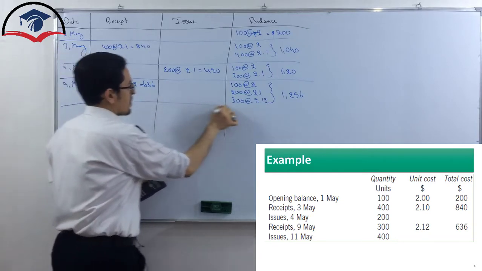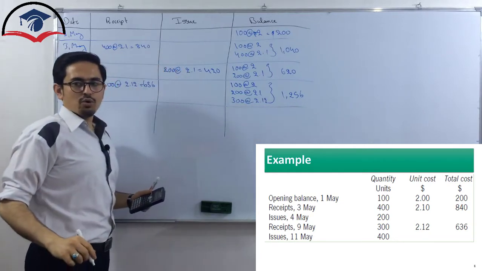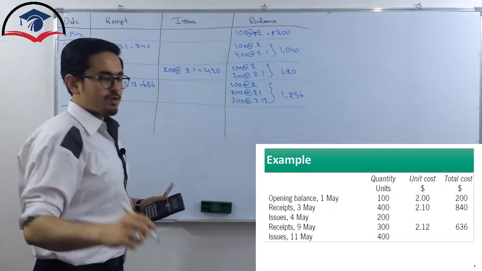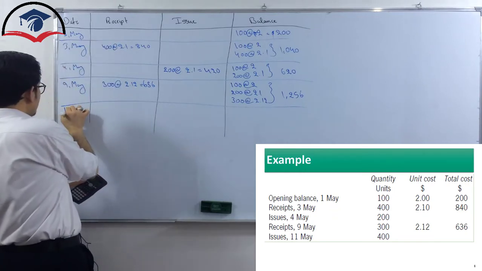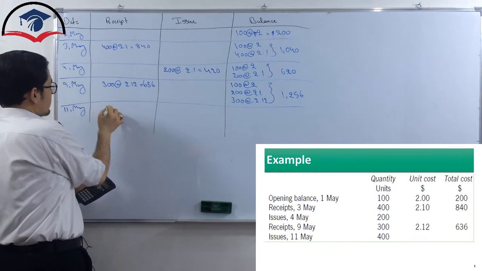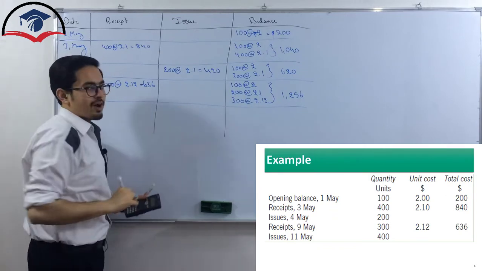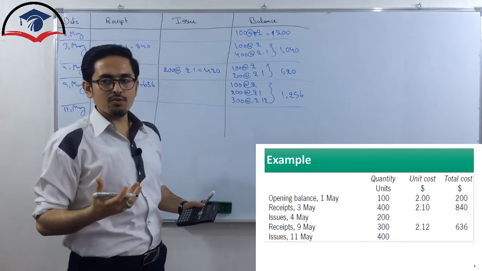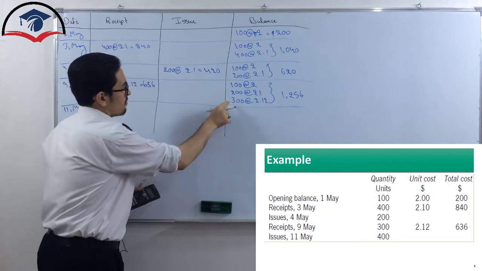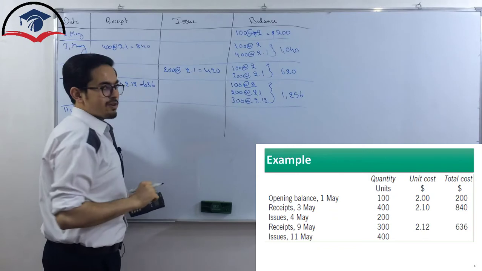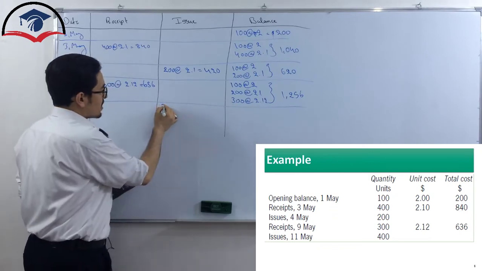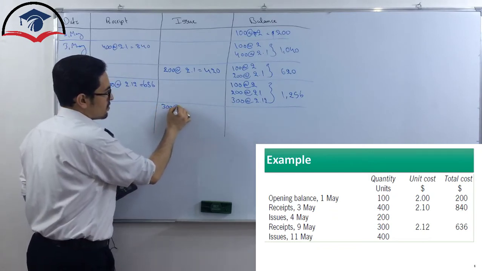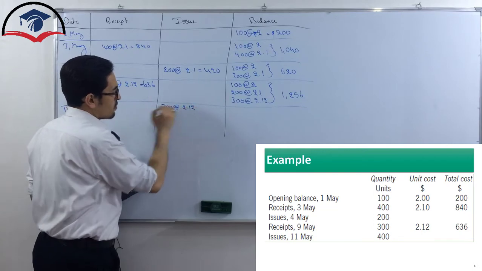Let's go ahead. We have another issue on 11th May of 400 units. But from which units available are we going to do the issue? This 300 units is not enough, but we're going to cover first of all this 300 units at the rate of 2.12.